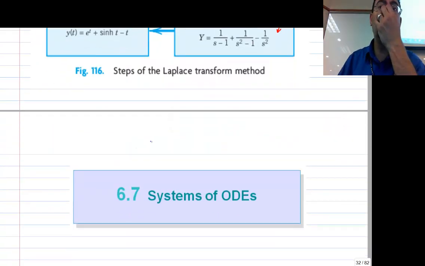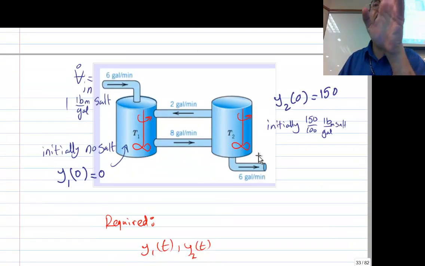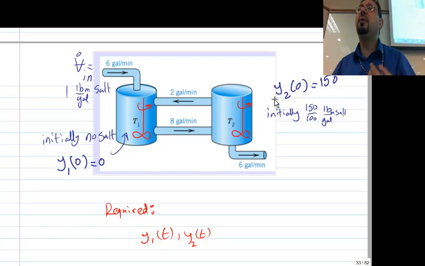We'll see some examples. So here is the example that I promised you. Here is the tank, all right? So again, to remind you, there is an initial value of the salt in the two tanks. Y1 is how many pounds of salt are inside this tank. Initially it was 0. This one initially has 150 pounds.